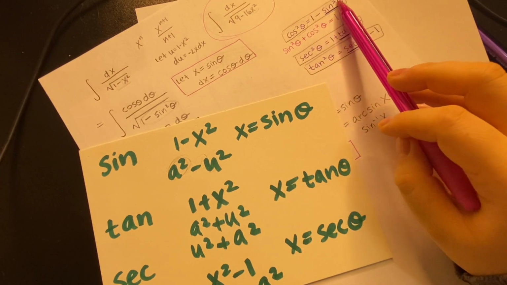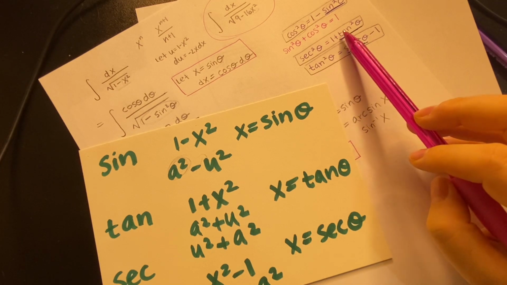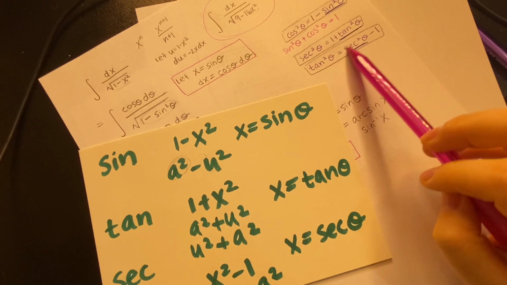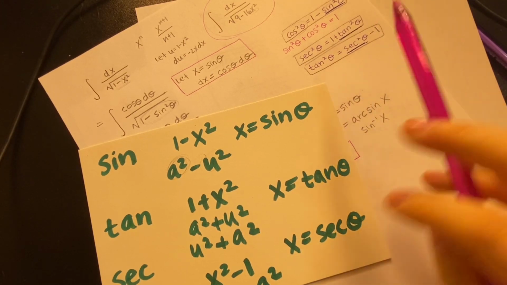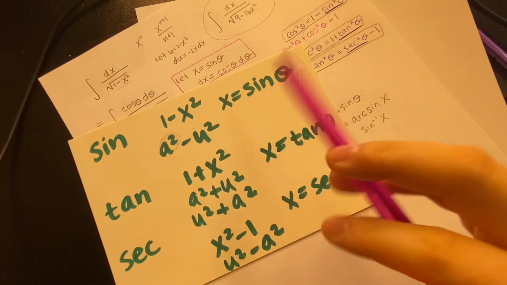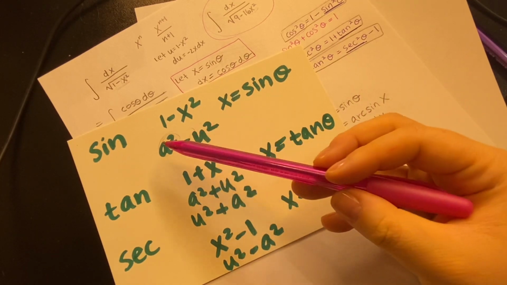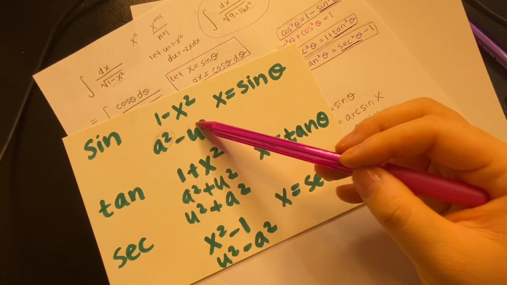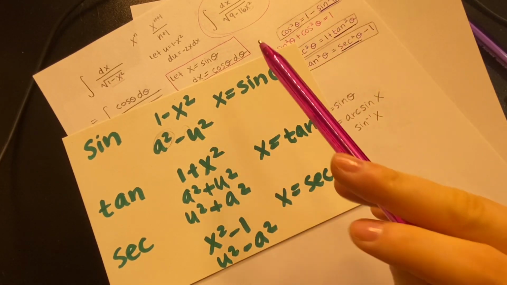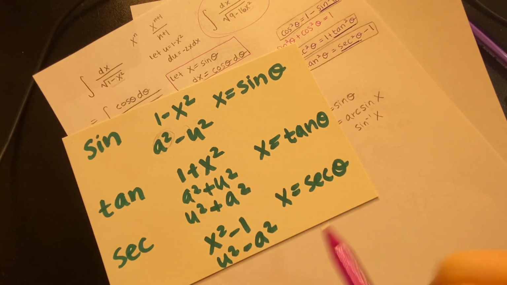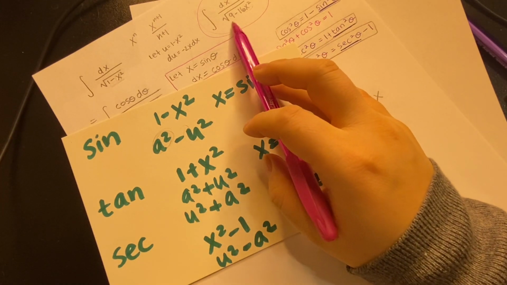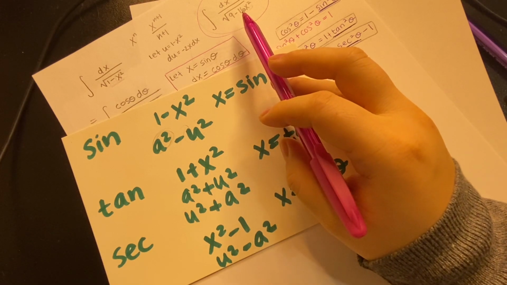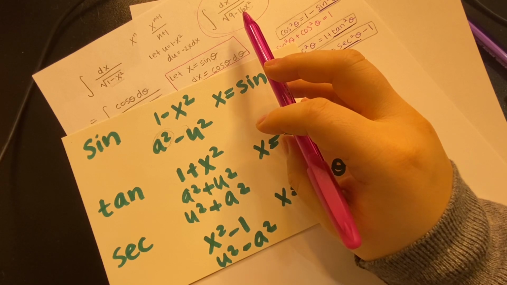1 minus variable stuff squared, 1 plus variable stuff squared, or variable stuff squared plus 1, and variable stuff squared minus 1, and also their sort of corresponding a squared, like our little adjustments with our constant squared minus stuff squared from there. And more complicated questions, really, it's all the same thing, but it just involves combining trig work together.